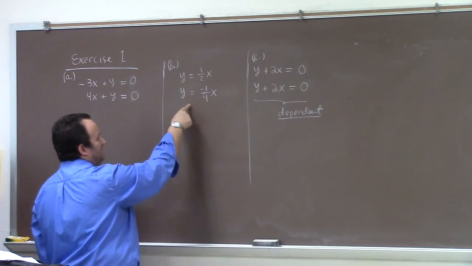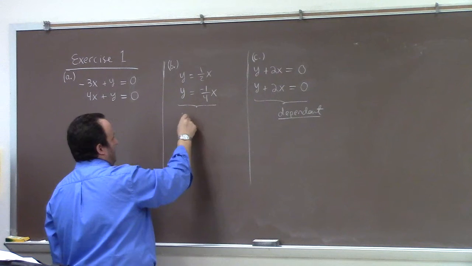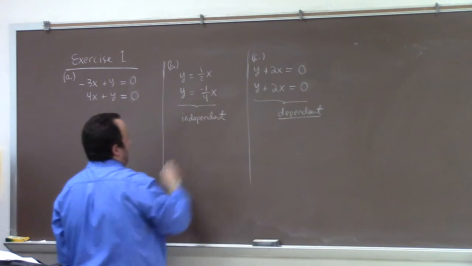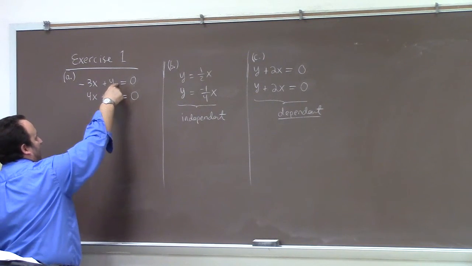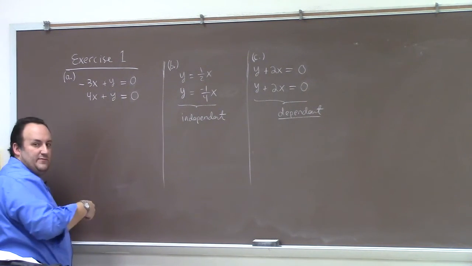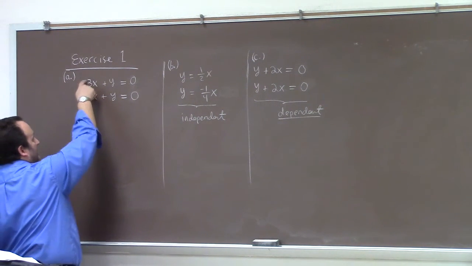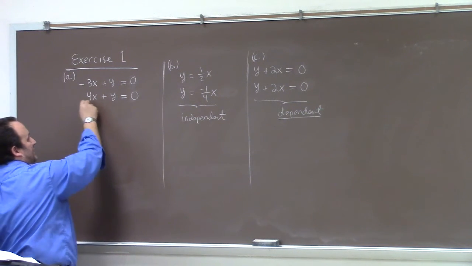How about this? Independent, right? And these ones, if you look at it, we've got the same coefficient for y, so we can reasonably compare them. So exactly, these are independent as well.